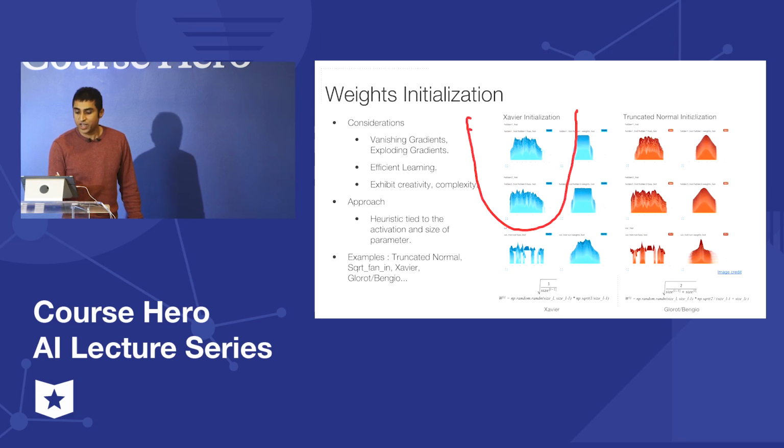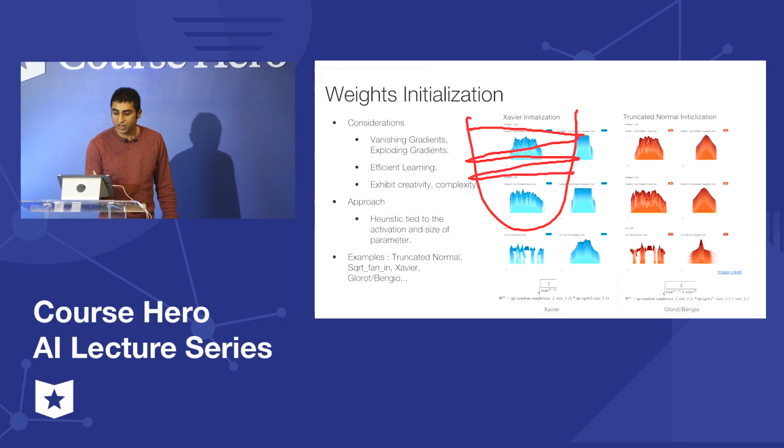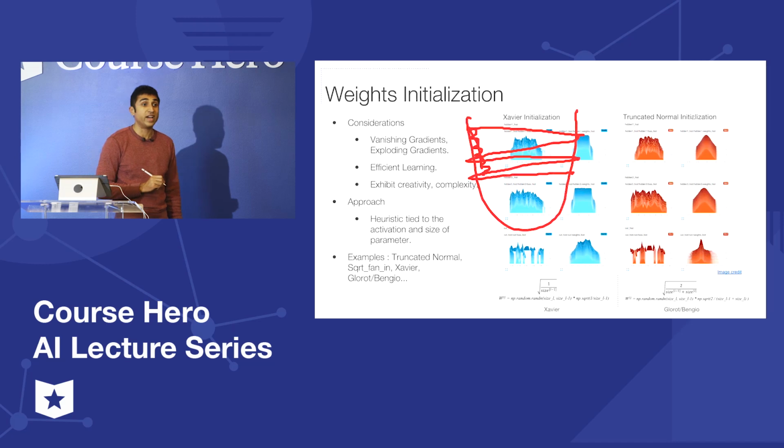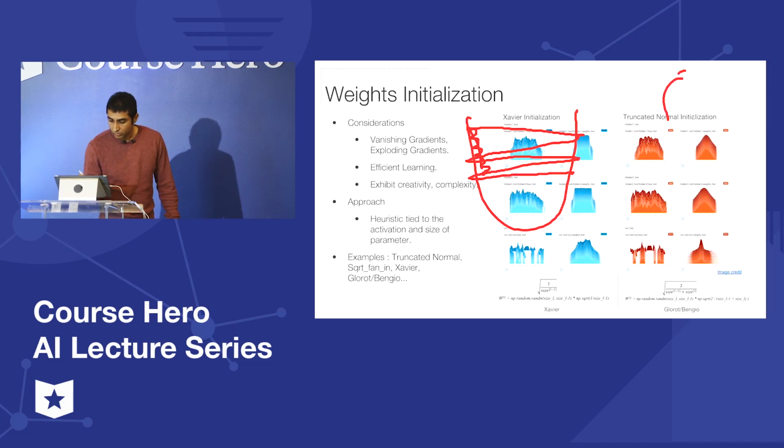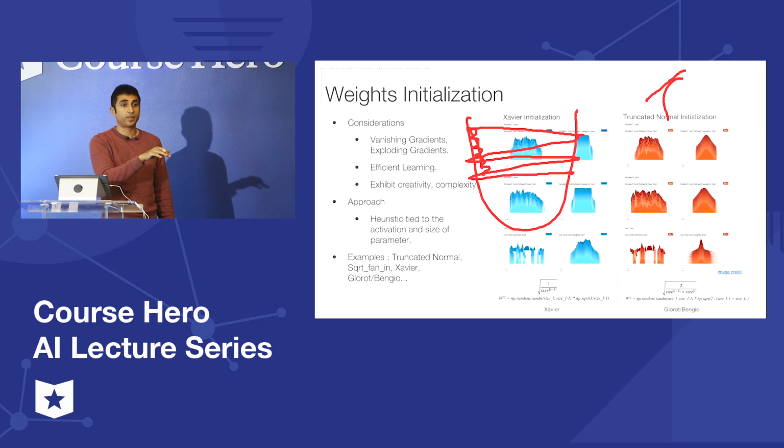If the gradient is really high, it just keeps oscillating, because the tangent on that curve is pointing in a very strong direction. So that's called exploding gradients, right?